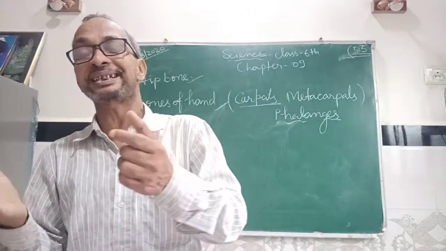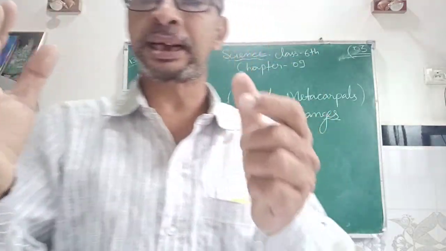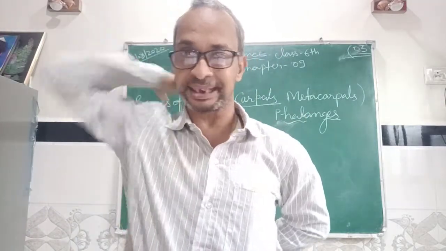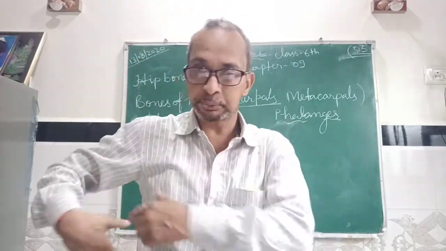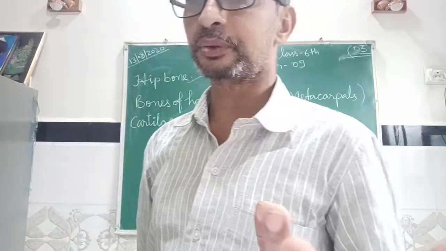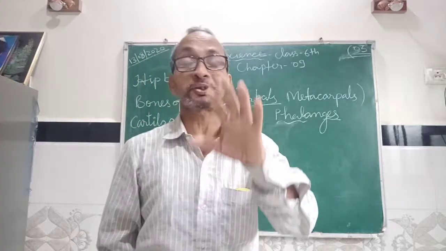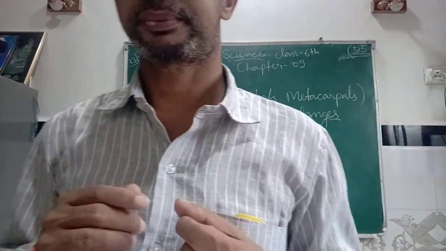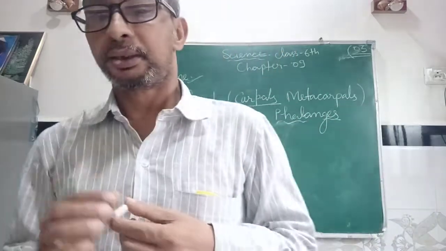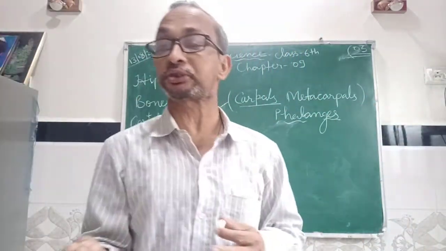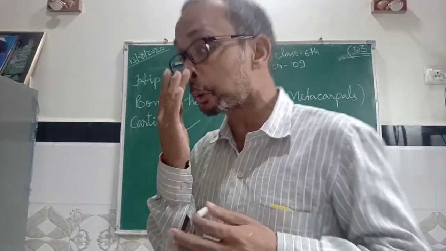Cartilage is also present between the vertebrae of the backbone. This is the backbone and these are the vertebrae. Between the vertebrae you will find cartilage. Cartilage gives support and shape to the ear and to our nose.